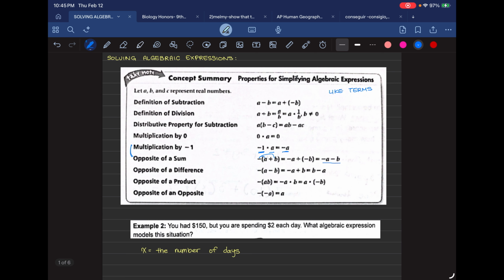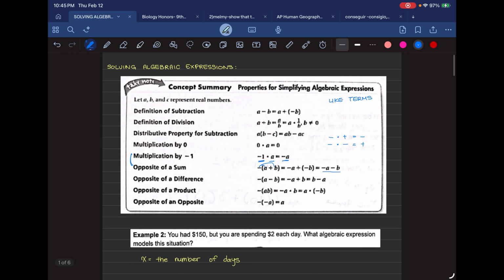It's also important to remember that negative is superior. So when we multiply a negative number and a positive number together, it always results in a negative number. But it's also important to note that negative times negative results in a positive number.